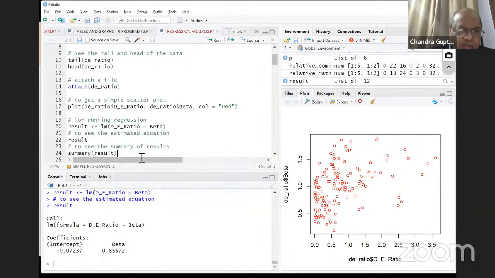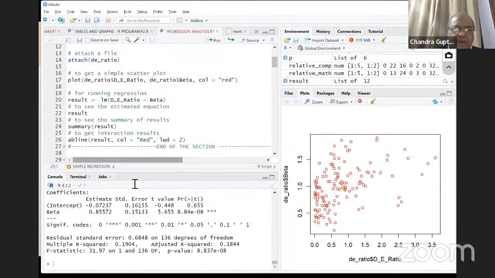And if you want to see the summary of the result, that's the summary of it. So you have the intercept, you have the standard error, t-value, the probability value, the residual standard error, and multiple R square, adjusted R square, F statistic, all the information you will get here.